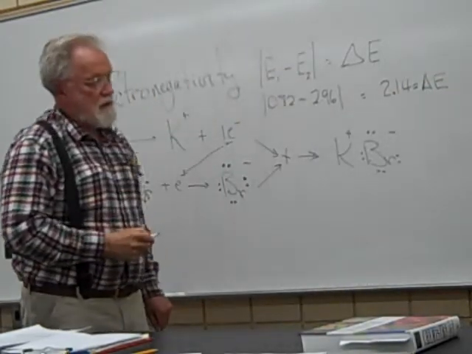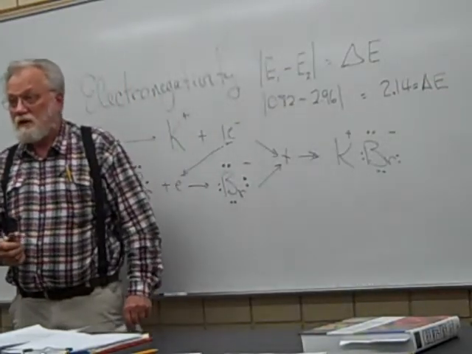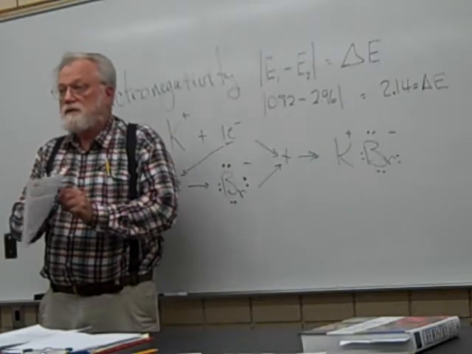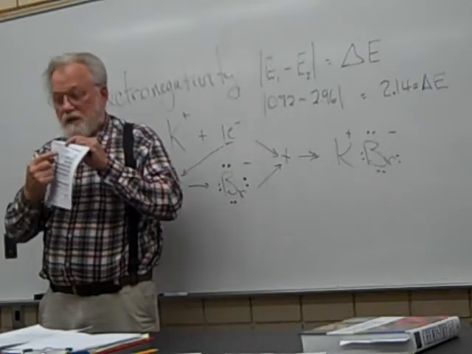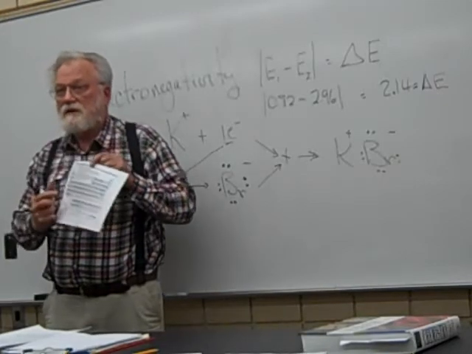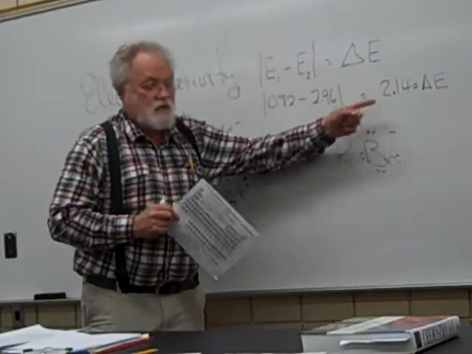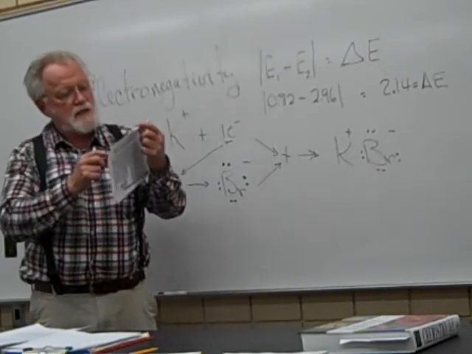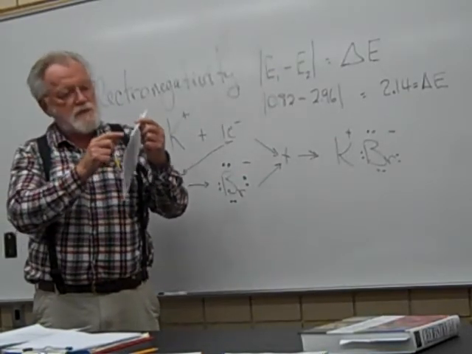Okay? Now, so what? You still have this in your hand. And so you take a look right at the top, at that chart I was telling you about, and you find 2.14 on the top part of the chart, the one that has decimal numbers in it.